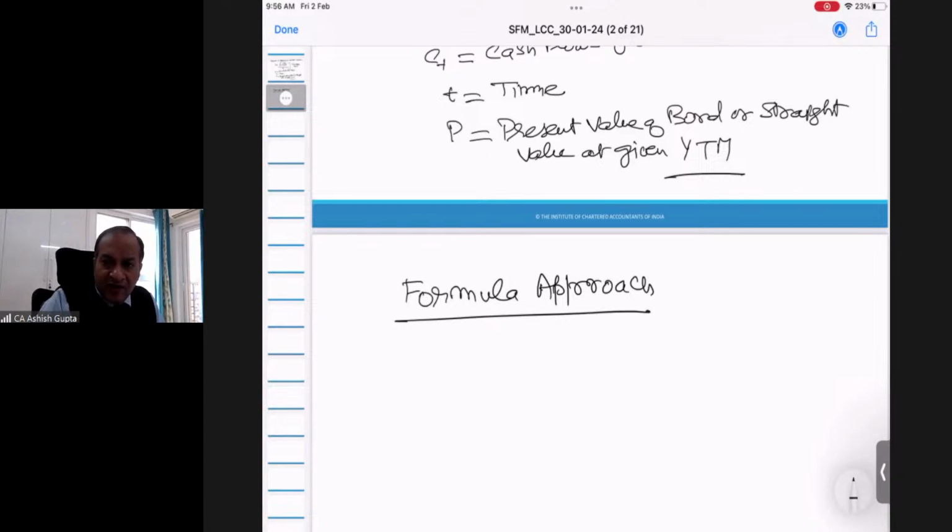Shreya is asking, sir, whether we can use this formula or start. No, I'm just coming to it. Just hold on for some time. Now here we can use this approach also.